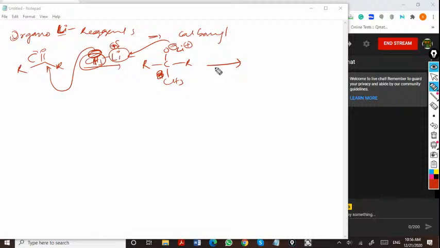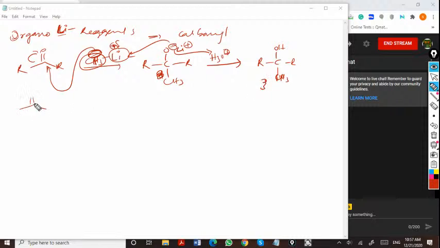This is called an organolithiate. When it is treated with acid or water, it is going to give alcohol, very similar to the Grignard reagent. That's why you can correlate or compare. When a ketone is treated, it gives a tertiary alcohol.